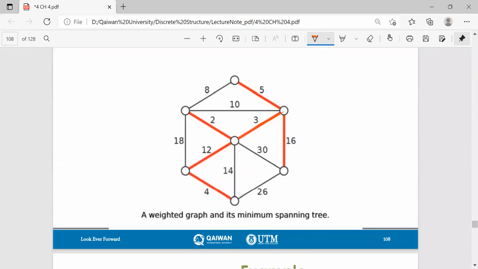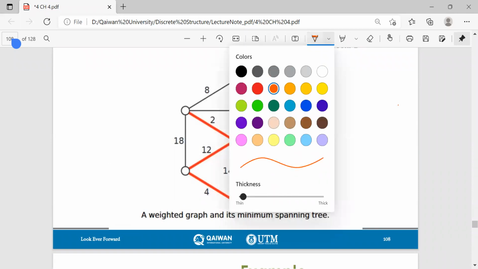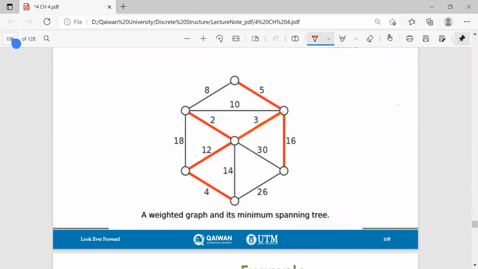So here we just say, let me draw it here. So the minimum spanning tree is this one.